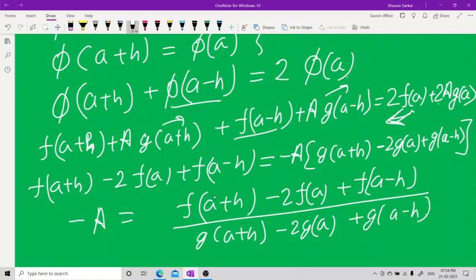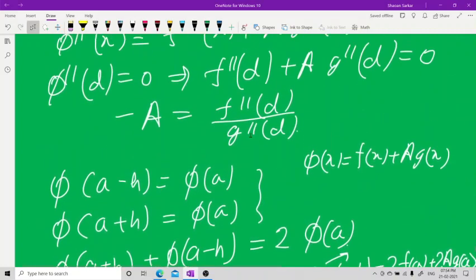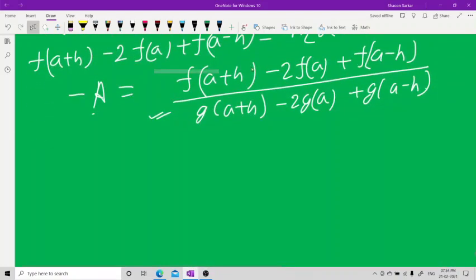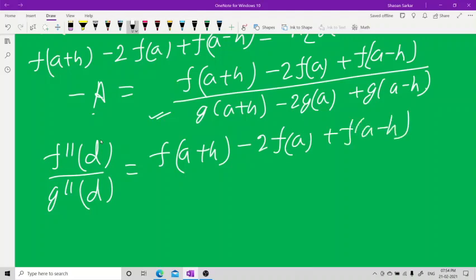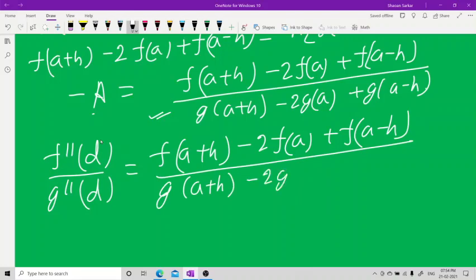Now can you see this? Minus a is this quantity here and minus a is this quantity here, both are minus a. So f double dash d upon g double dash d is equal to f of a plus h minus 2f of a plus f of a minus h upon g of a plus h minus 2g of a plus g of a minus h.